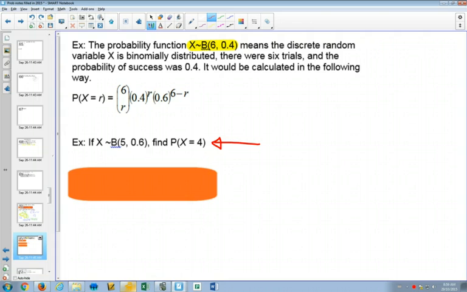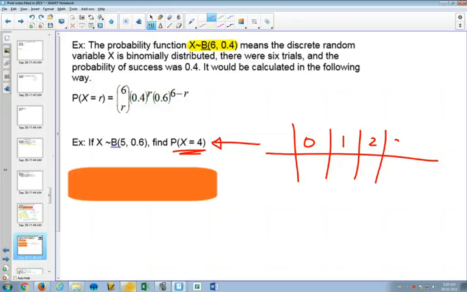So here, you recognize this part as a probability distribution. Remember when we did those with our charts? 0, 1, 2, 3, 4, 5. Does it make sense that if you had 5 trials, you could get none of them right, up to 5 of them right?